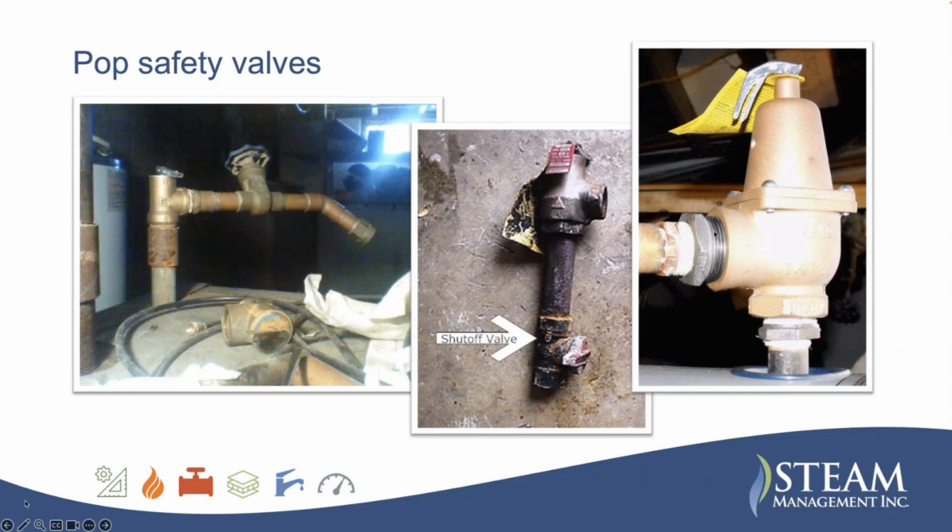On one job we sold a boiler to the installer. He put it in, and it was a 2-inch outlet on the pop safety valve. When I got to the job to do the startup, they had a bushing put in there, and it was dropped down to 3/4 inch. Well, what that does is reduce the relieving capacity of that valve.